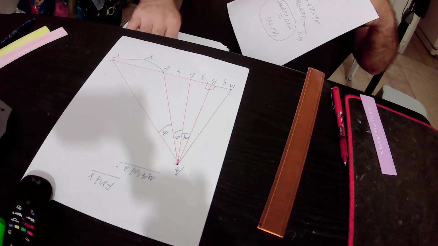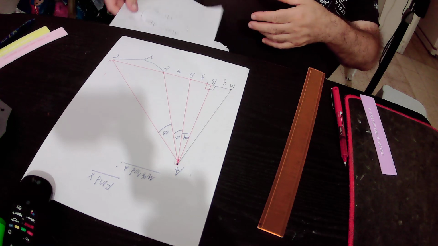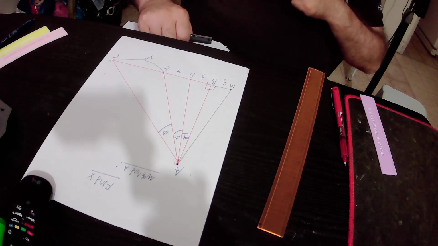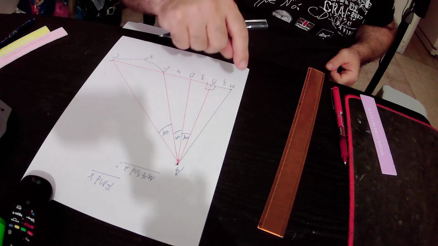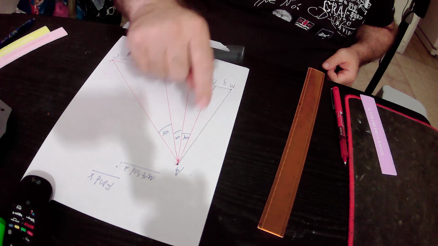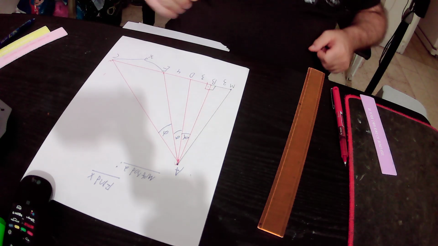So from the fact that those two triangles are congruent to each other, we can derive that angle MAB equals angle BAD equals alpha.